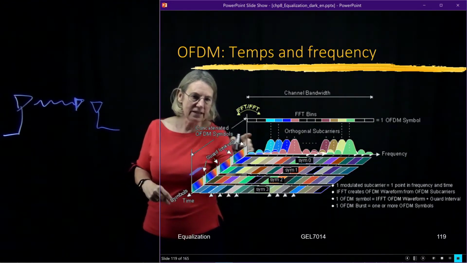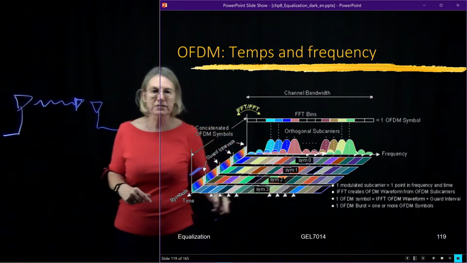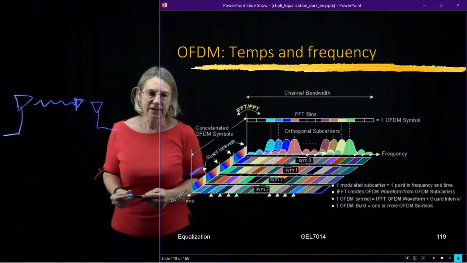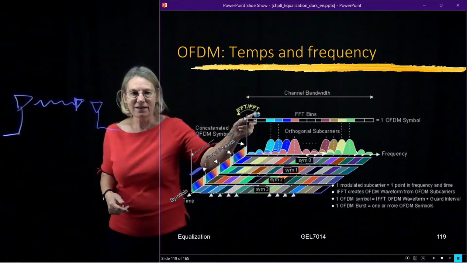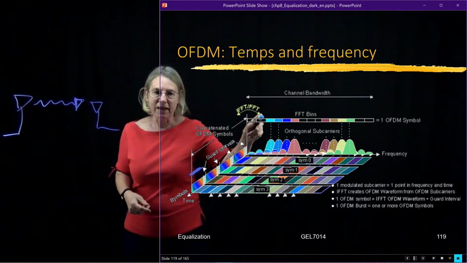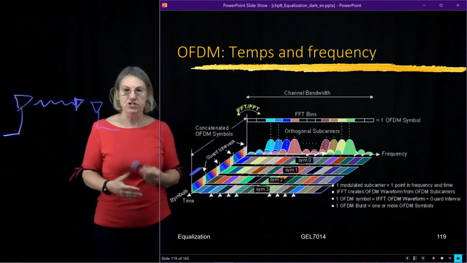But if I look along the frequency axis, we can see in each of the frequency bins there's some value, but it stays the same all during that transmission. And of course, the relationship between the time domain and frequency domain is just the Fourier transform relationship.